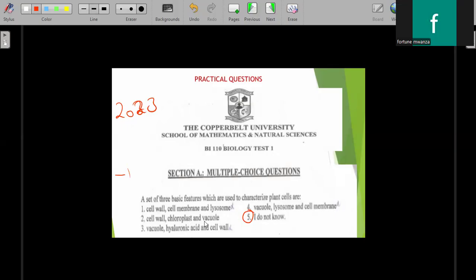But if you decide to guess and you get it wrong, you end up getting a negative mark. You get -1. That's how crucial biology is, and you need to pay much attention, because it's a bit tricky because of the negative mark.